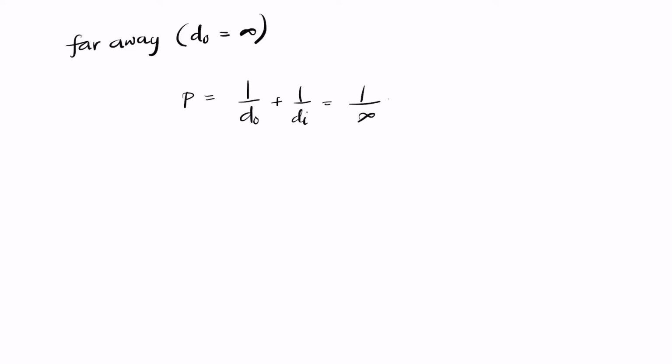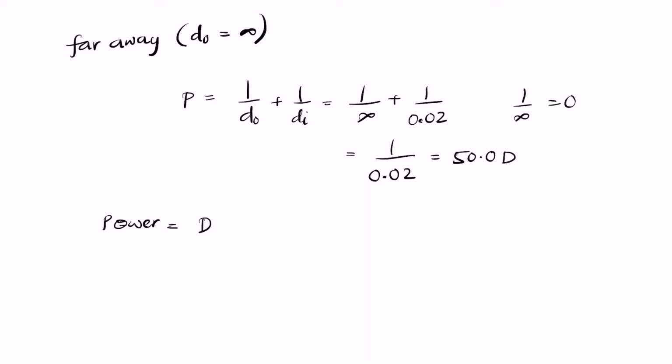So 1 by infinity plus 1 by 0.02 meters, since di is about 2 centimeters. 1 by infinity is near 0, so the value is 1 by 0.02, which is 50.0. This value is measured in D. The power of the lens is measured in a unit called D, which is also called the diopter. So this is the value of the power of the lens when the object is far away.